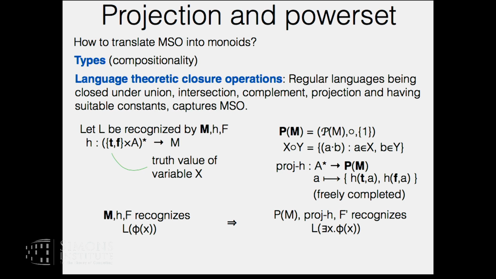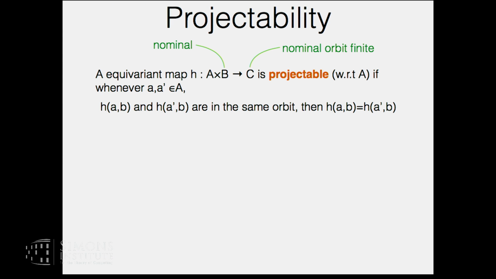But the problem is that the existential quantifier means a projection, so it's a power set. And in general, if you take the power set of an orbit finite set, then suddenly it's not orbit finite anymore. So power set is not allowed. The solution is to be careful about how we make this projection, and we have this property of projectability.